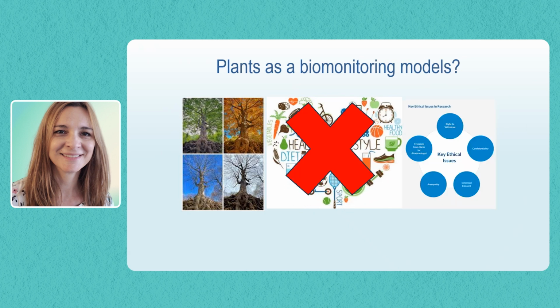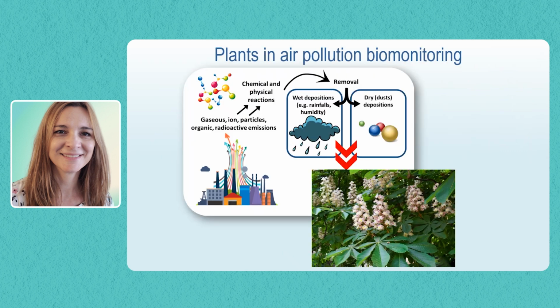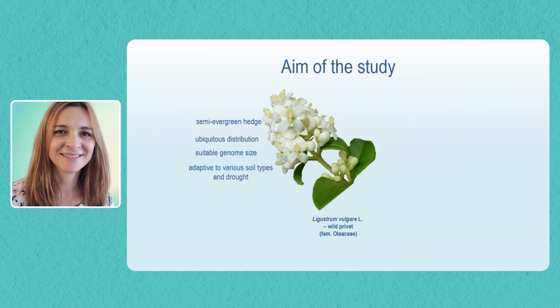And of course, the ethical aspects are much more relaxed when it comes to plants. Additionally, due to the high surface of the leaves and the roughness of the leaves, higher plants act as some kind of biological filters in the environment. So that makes them the perfect models to monitor air pollution.